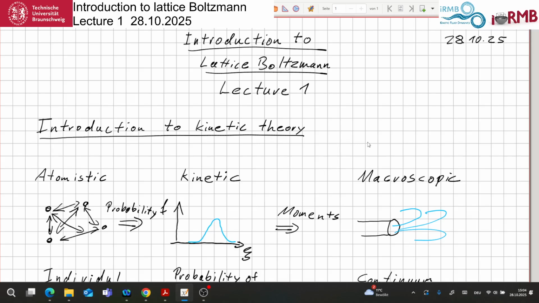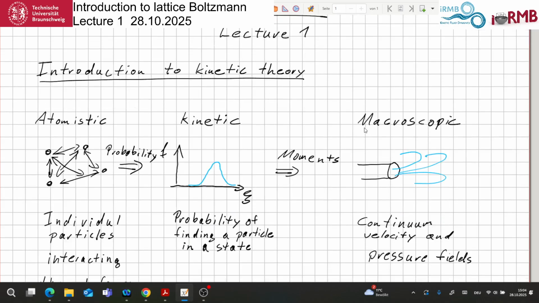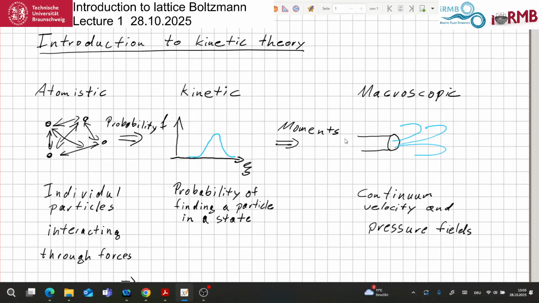What we want to do with kinetic theory in the end is to describe matter, of course. Even if you don't know kinetic theory, you will know about two different ways to describe nature.